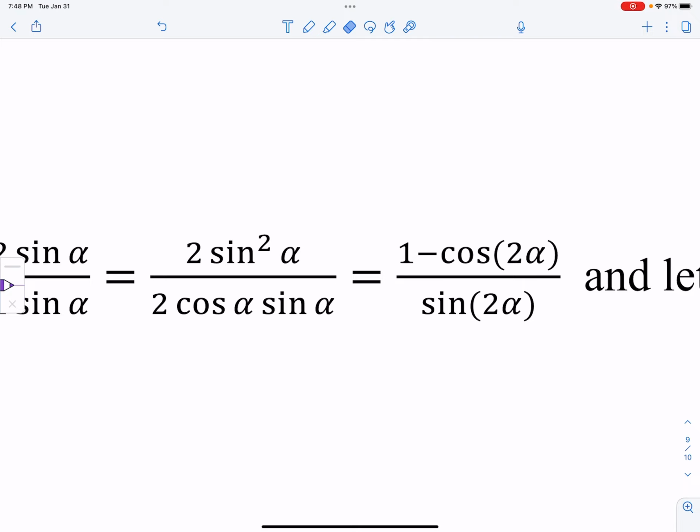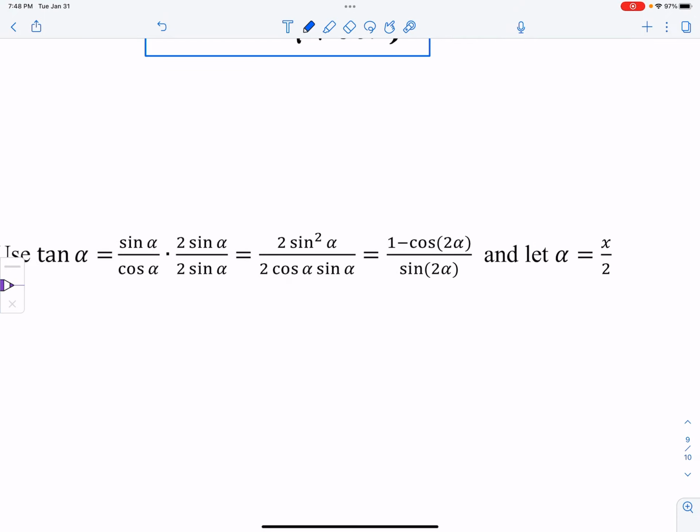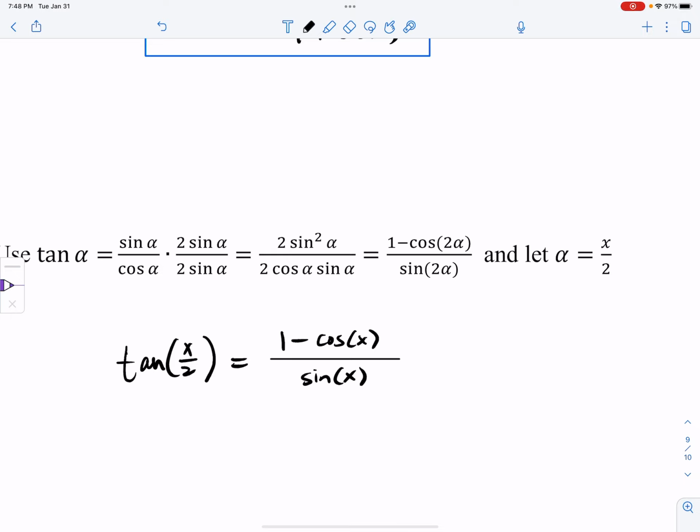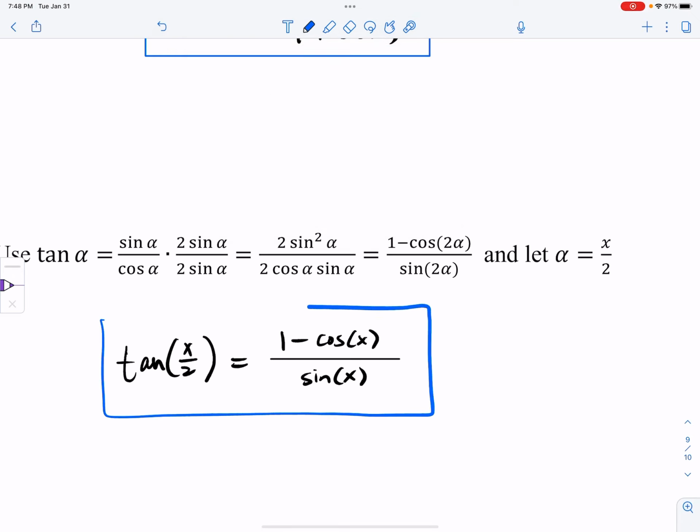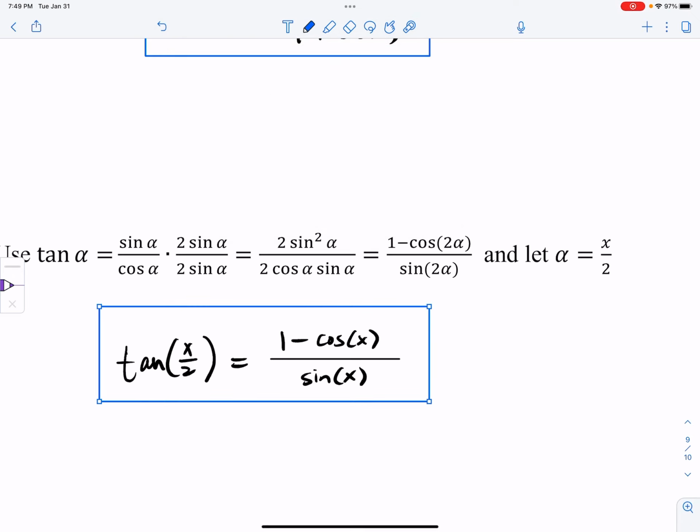And the denominator here is the double angle identity for sine. So letting alpha equal x over 2, we have tangent of x over 2 equals 1 minus cosine of x over sine of x. And that is the third half-angle identity for tangent.